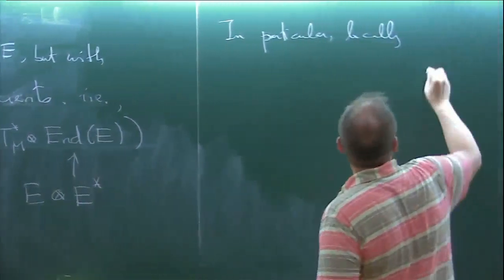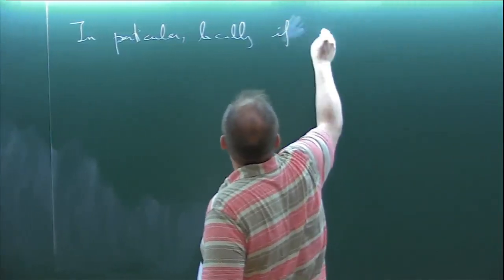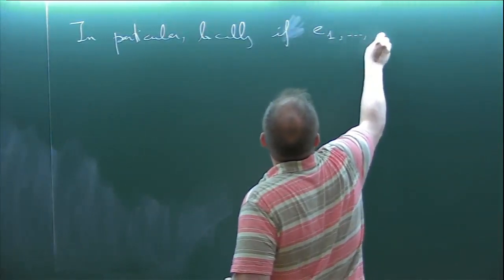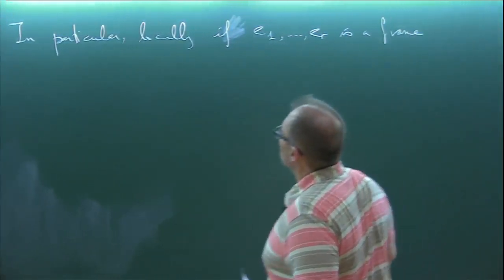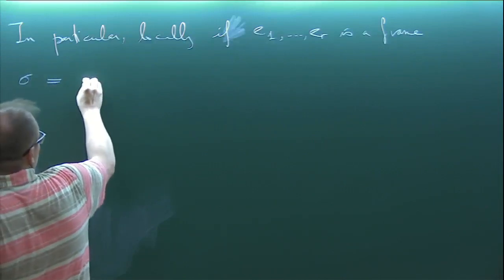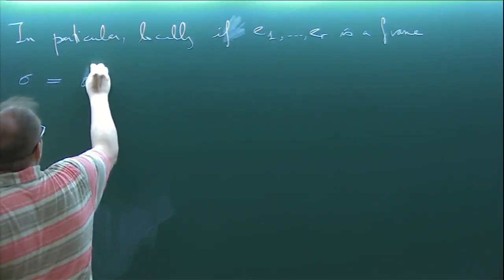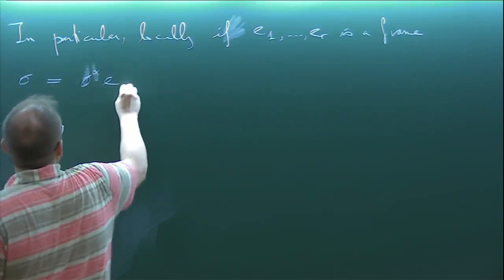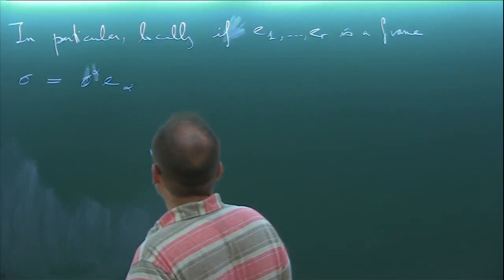In particular, locally, if e_1 through e_r is a frame, then a typical section will be sigma equals sigma^alpha e_alpha, where these sigma^alpha are functions.